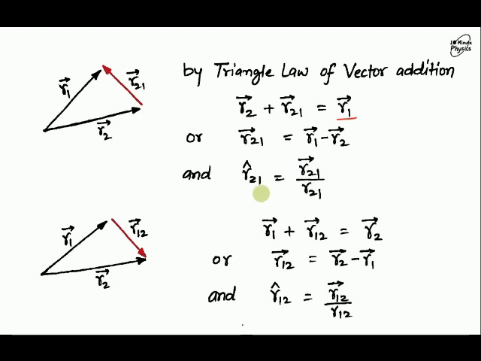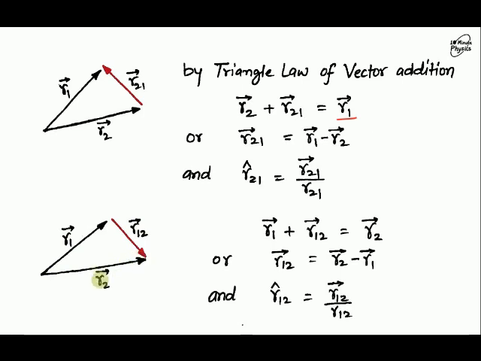Similarly for R12, vector R1 and vector R12 are both along the same direction, whereas vector R2 is the resultant vector. So we can write vector R1 plus vector R12 is equal to vector R2.